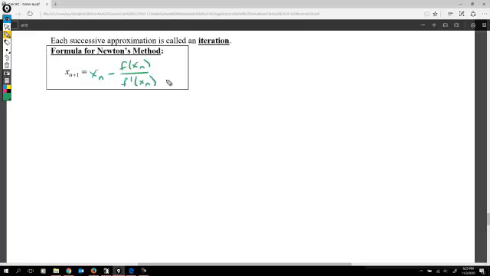What we have here is called a recursive equation. A recursive equation just means that you need to know what x sub n is so you can find x sub n plus 1. You need to know an old term so that you can find the new term. So we need to start with a guess so that we can get a better guess, and then a better guess, and so on. And again, when do you stop guessing?